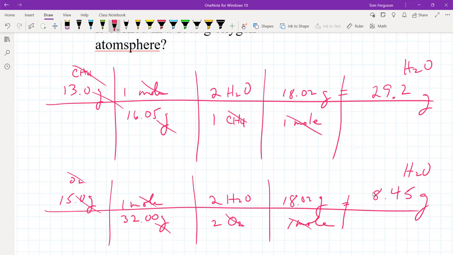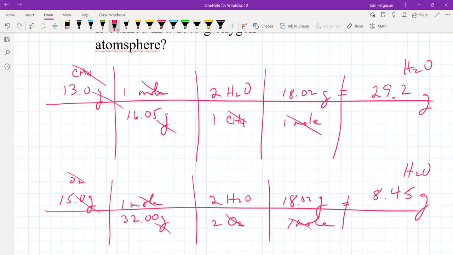Okay, so we end up with 29 grams, 8 grams. So it looks like the oxygen gas is limiting the amount of water produced. If there are two givens, you have to do two calculations to determine what's limiting the reaction. If there are three givens, three reactions.